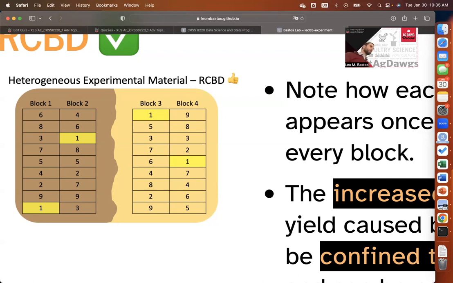Then in the same bench, I would include different trays with each treatment. So it would be bench as the block, and then each tray would be my replication, adding my treatments. And then the observational units would be how many plants I have within each tray. Nice. That was ideal, but I didn't do that.